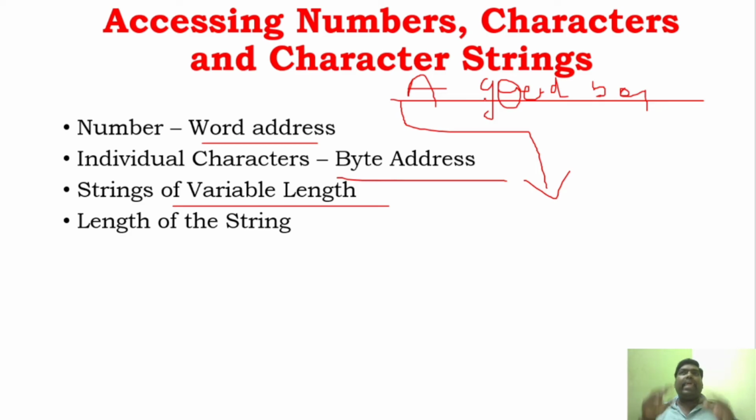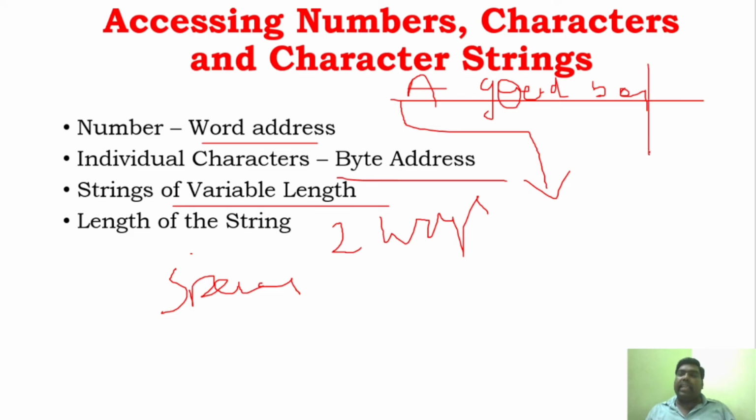Similarly, the length of the string can be identified in two different ways. One is by assigning a special character at the end of the string, stating that it is the end of the string.